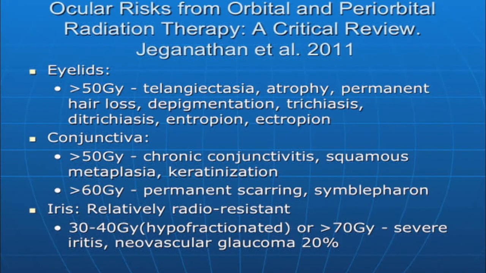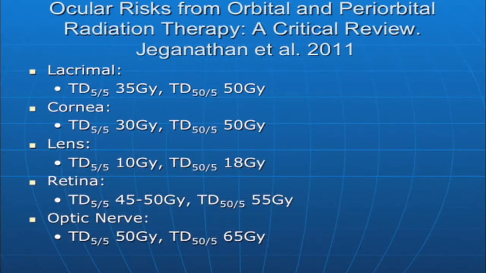In the conjunctiva, doses greater than 50 to 60 gray cause these complications. If you look at the iris, a relatively radioresistant normal structure, high doses of greater than 70 gray can cause severe iritis and neovascular glaucoma. And here we have a list of the TD5/5 and the TD50/5 estimated doses for the lacrimal gland, cornea, lens, retina, and optic nerve.